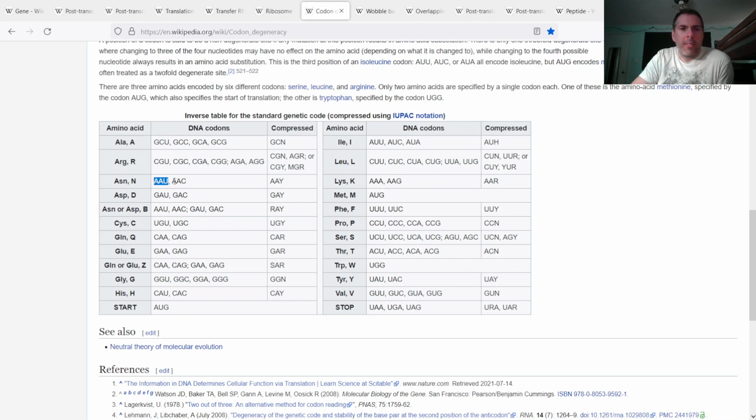So in this case, the third codon is kind of an unspecific codon, where the first two have to be A in this case, and the last one has to be a pyrimidine, either uracil or cytosine.